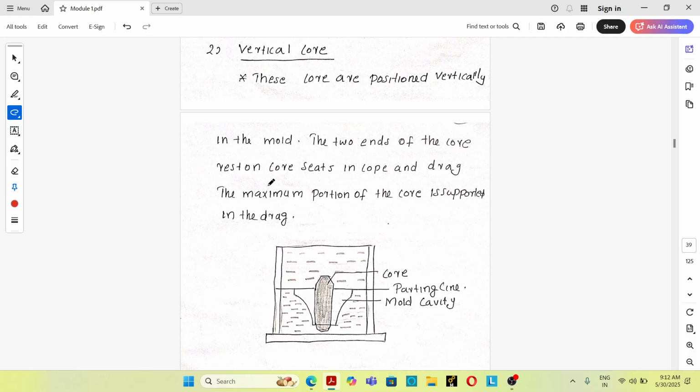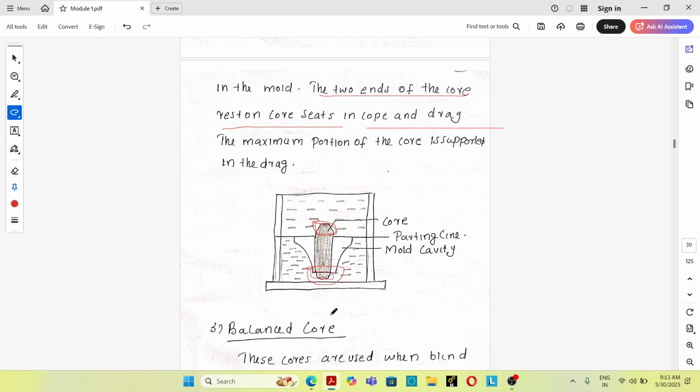Two ends of the core rest on the core seats provided in the cope and drag. This is the core seat in the cope portion and this is the core seat in the drag portion. So that is the vertical core.